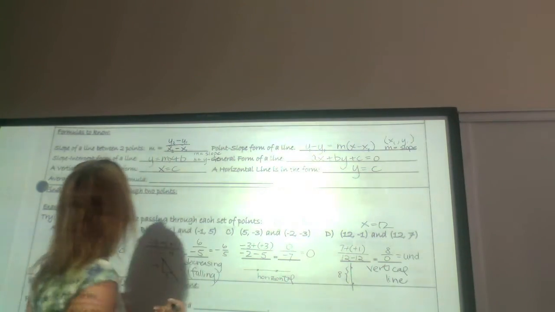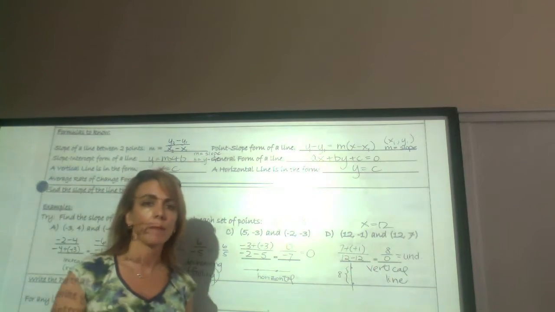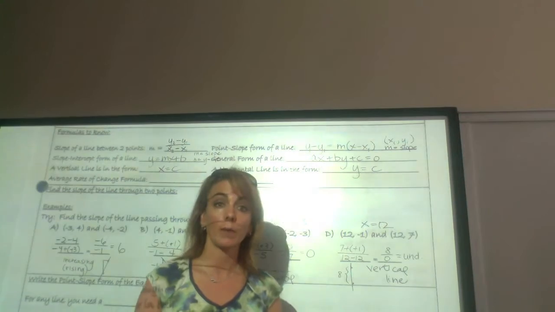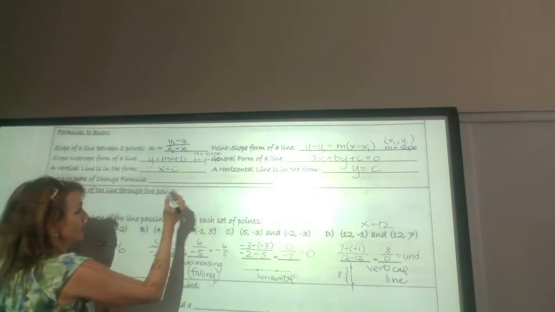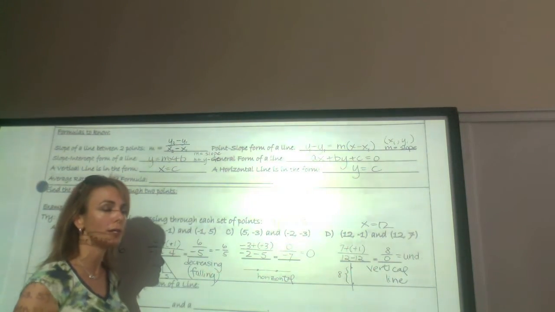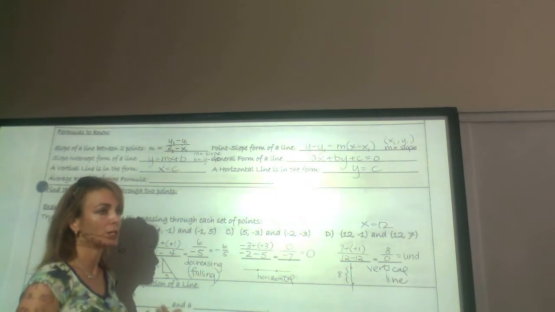That's easy. And then the last formula you need to know is your average rate of change formula. This is the same as the slope formula when you're dealing with linear equations. When you're not dealing with something linear, it's just your function values, and it's really the slope of the line through the 2 points, but you may not be dealing with just a linear function.